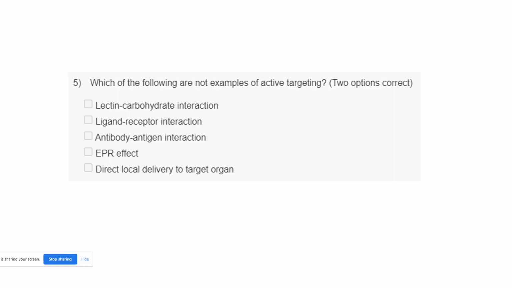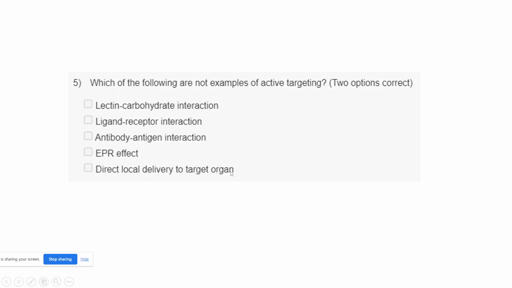No? And one more. EPR is for tumors, so it is also not a specific tumor region, only where gaps are there, it is going and targeting. Right. Okay. One option is correct, that is EPR effect.